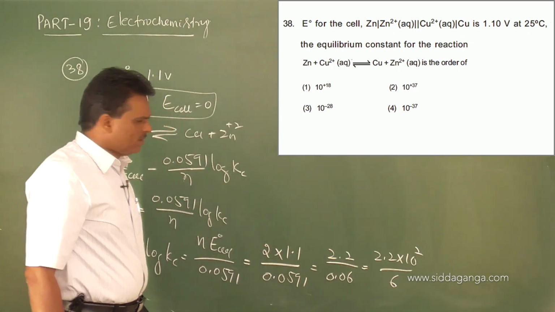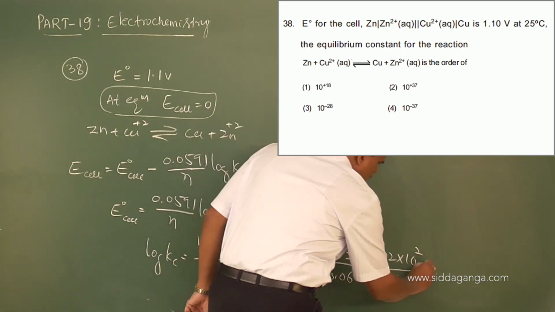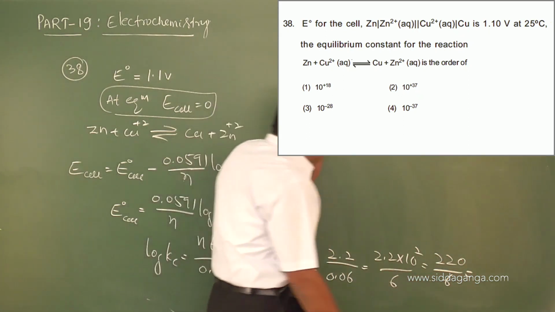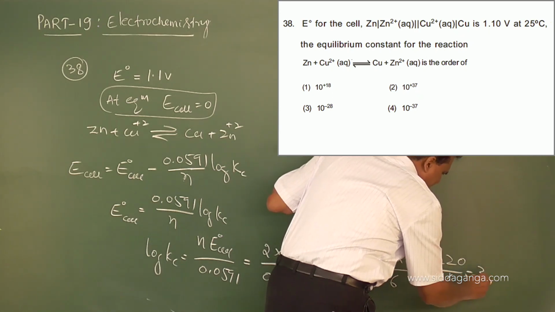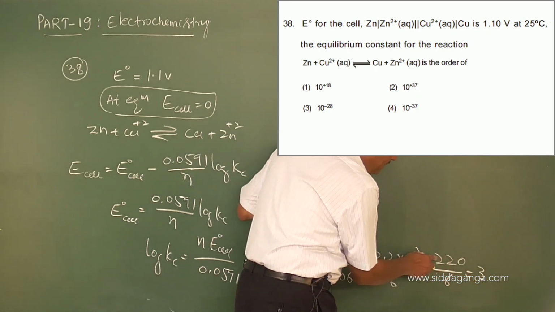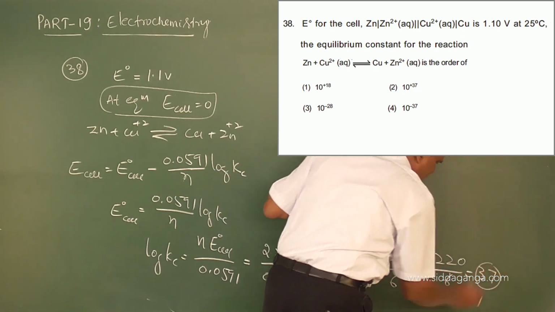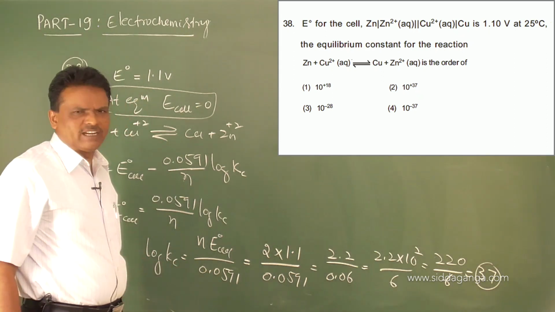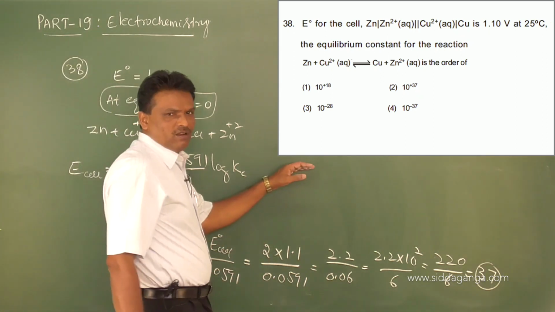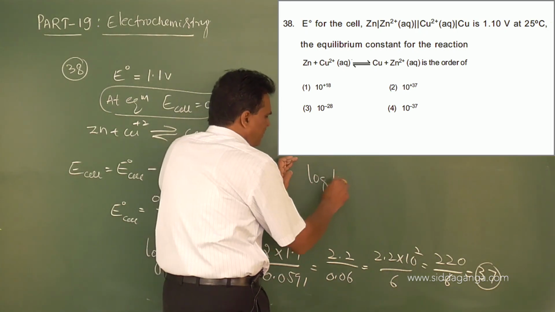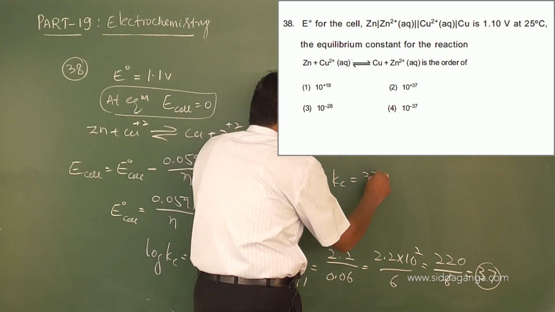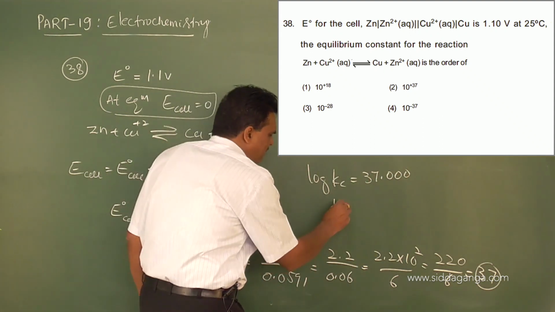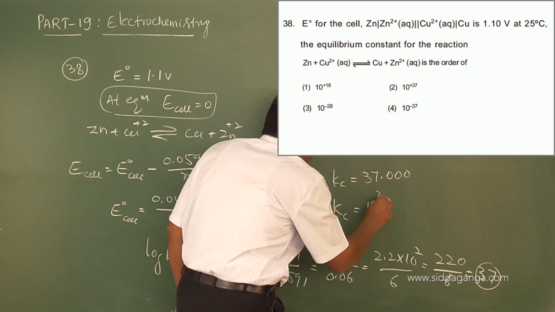Is it clear? 100 into 2.2 means 220. 220 by 6 is equal to 37. So log Kc is equal to 37.000. It is like this. So what is the value of Kc? Kc is equal to 10 to the power of 37.